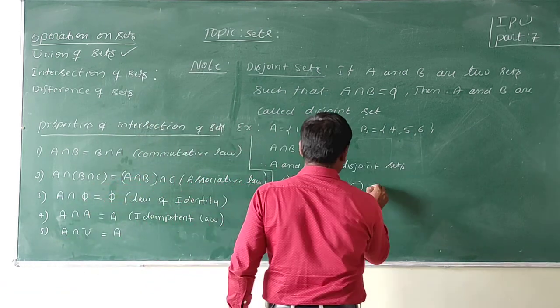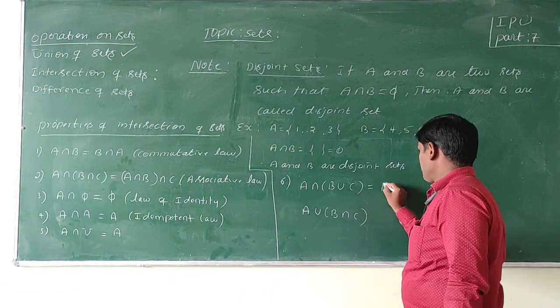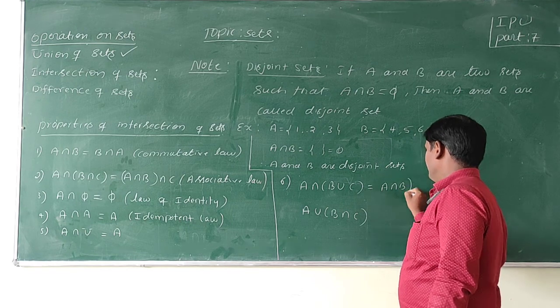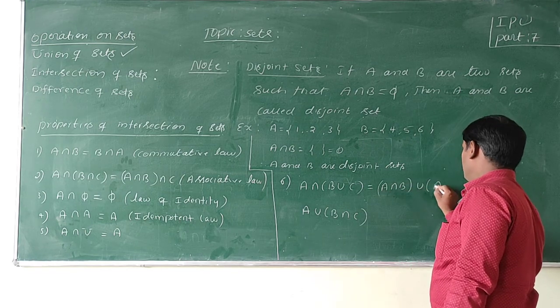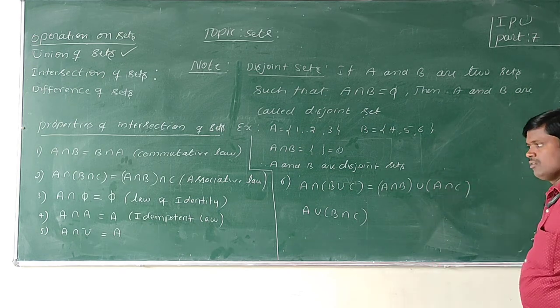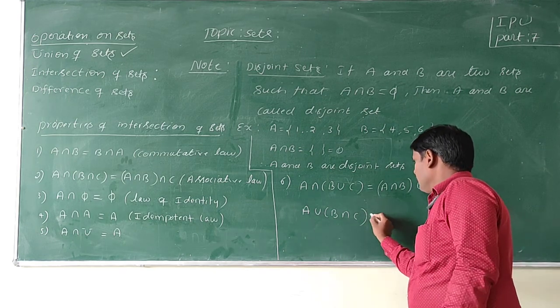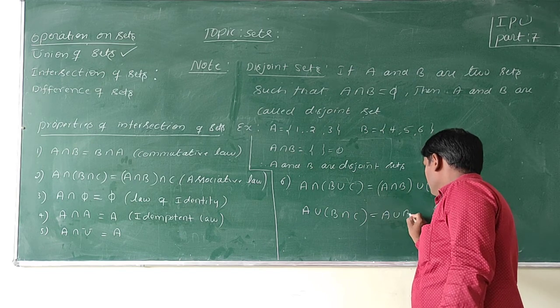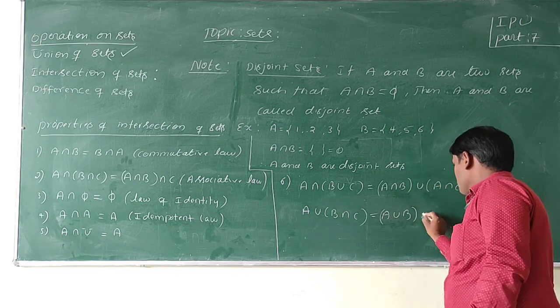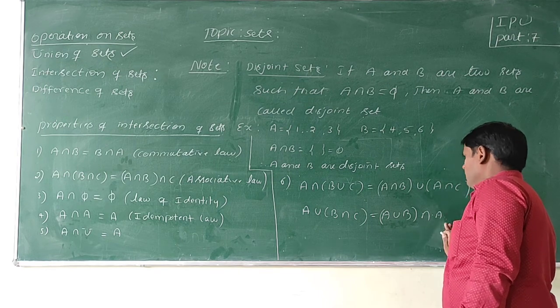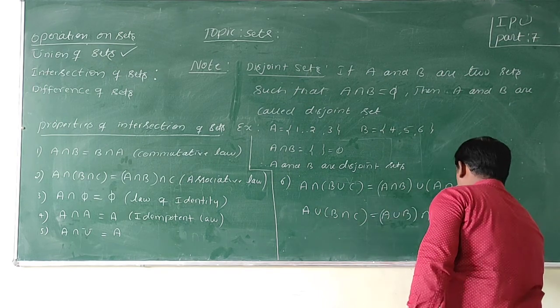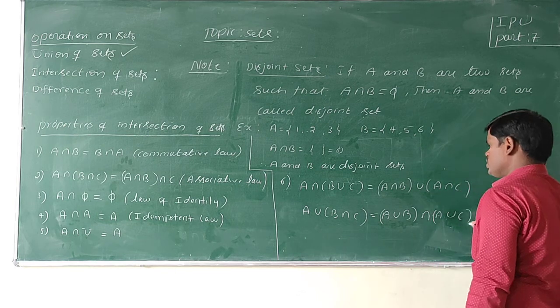So this is nothing but (A intersection B) union (A intersection C). The next one is A union (B intersection C) equals (A union B) intersection (A union C). So distributive property.